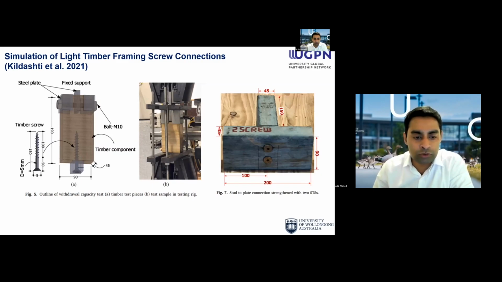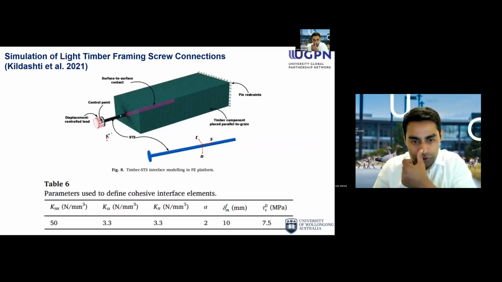They did this screw withdrawal capacity test, and also this screw connection test, and they are all standard structural points. And in addition to the material property proposed by the PhD student in 2012, they now proposed to simulate the screw connection using a cohesive interface.